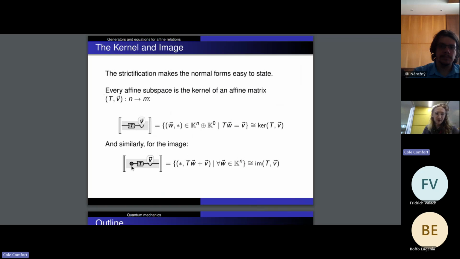And similarly for the image, you say, give me any vector of this dimension, multiply it by the matrix T, and then add V, and that's the image. So this is establishing the basic things that everyone knows about in linear algebra, but using pictures.